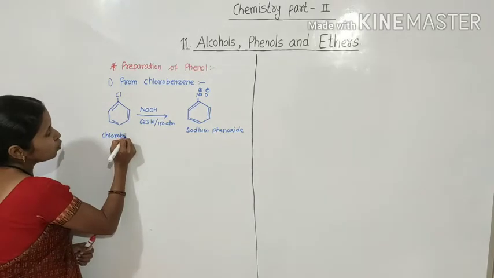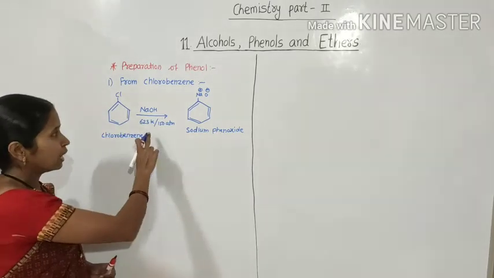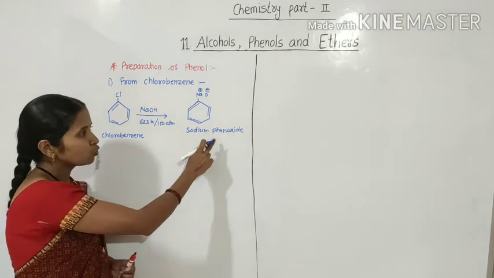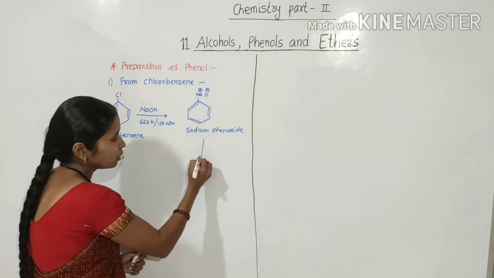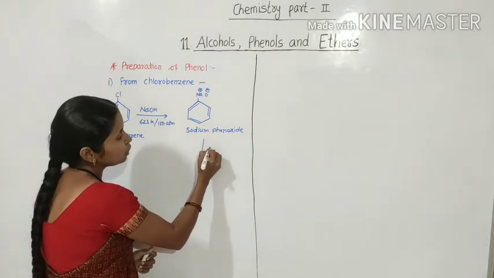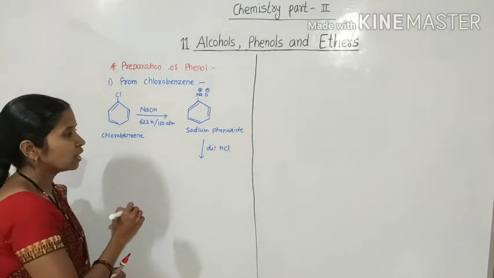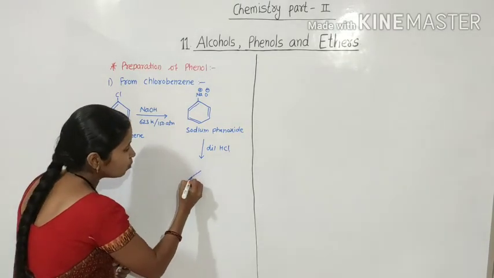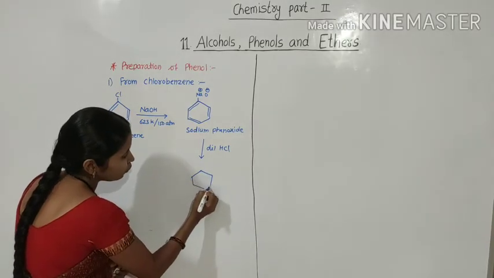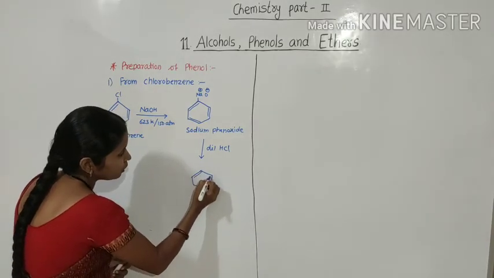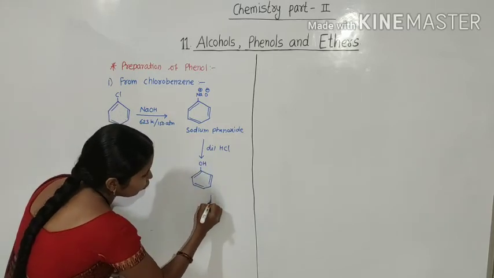Here this is chlorobenzene, which fuses with NaOH to form sodium phenoxide, and this sodium phenoxide under treatment with dilute HCl forms phenol. This is phenol.